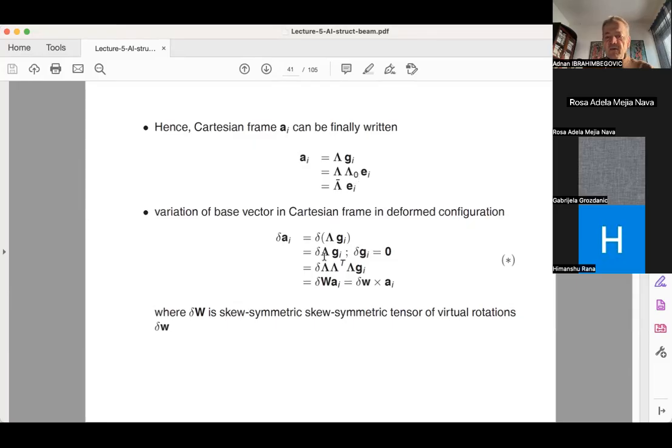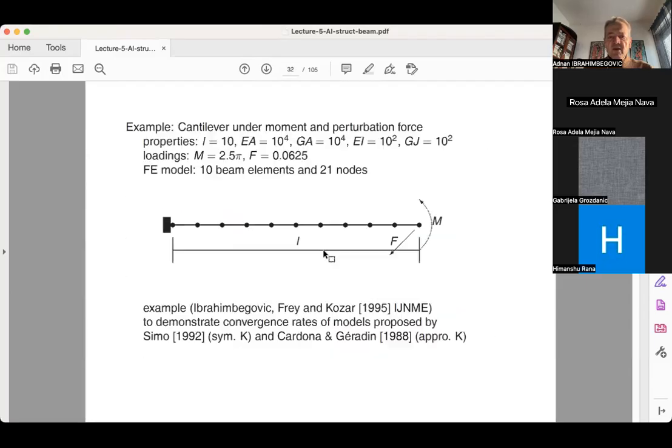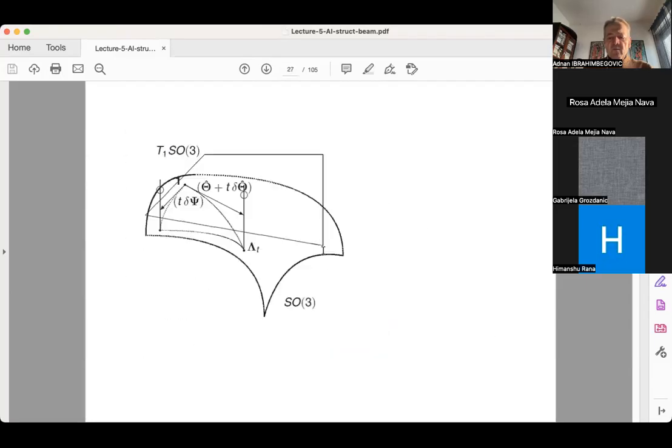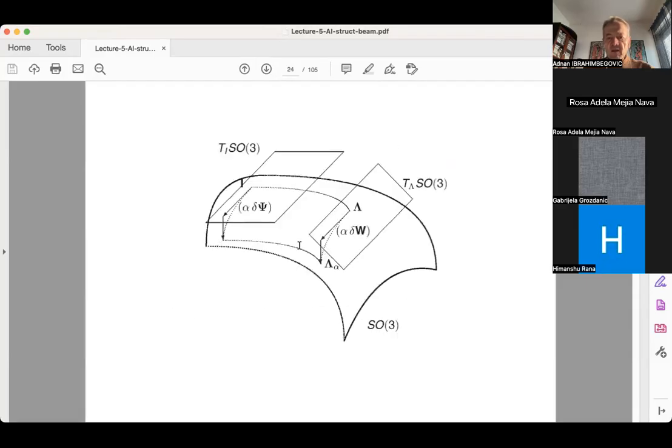So the proper variation would be your variation delta lambda, which is the one that I was picturing here. Let me go back to this picture. I'm going first on a lambda. Then I take a variation delta W. So first I multiply by lambda, then I multiply by delta W, or rather exponential delta W, because these have to live in the same space. And then I take a derivative with respect to this parameter alpha and so on and so forth.